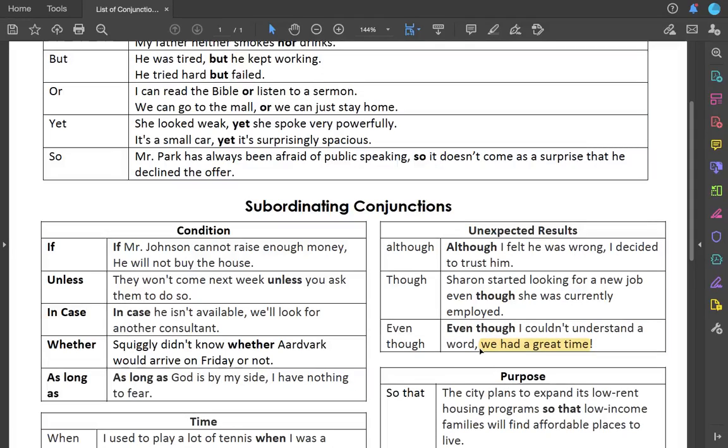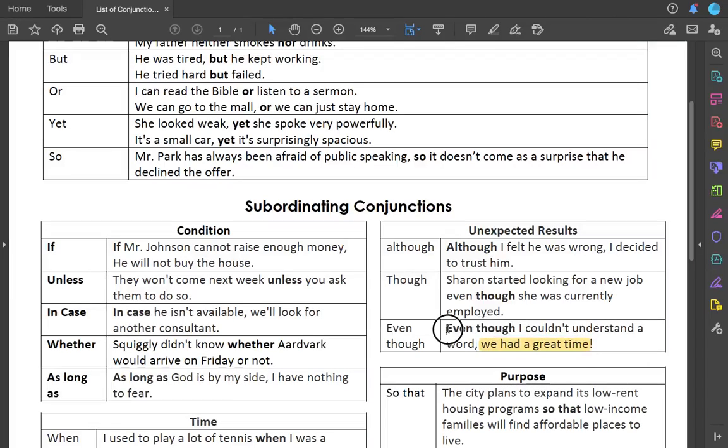Okay, so this is not the main part of your sentence, and if you put it at the beginning, then it acts like an interrupter to the main part of your sentence, or sorry, to the main clause. Main clause, independent clause, there are different names for it.